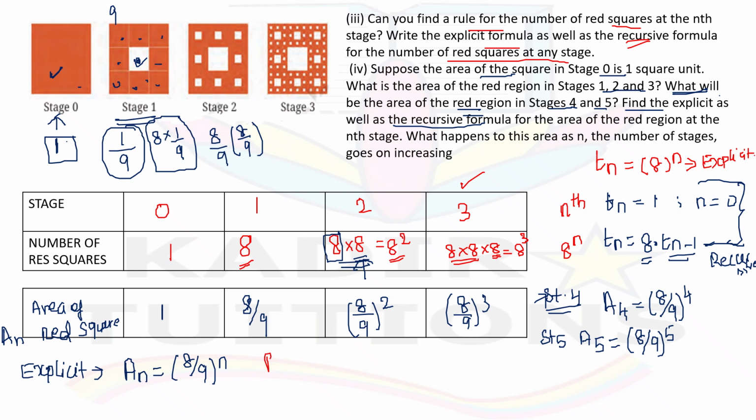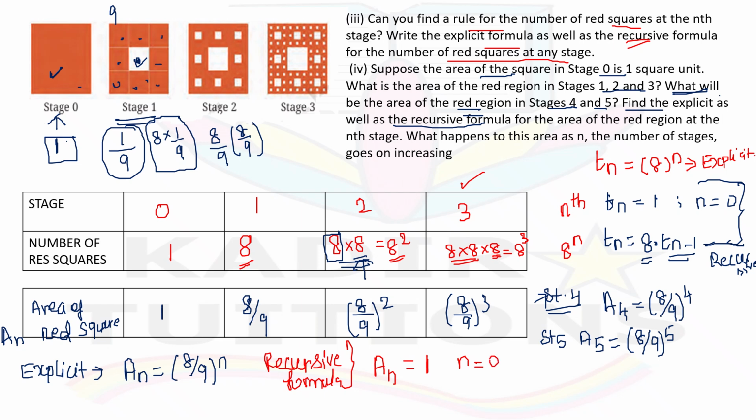Then what about the recursive formula? So recursive formula, in the sense we need to define the current term with respect to the previous term value. So how can we represent the current term with the previous term value? So first we need to define the first value, right? A 0 is equal to 1, for the first stage 0, where n is equal to 0.